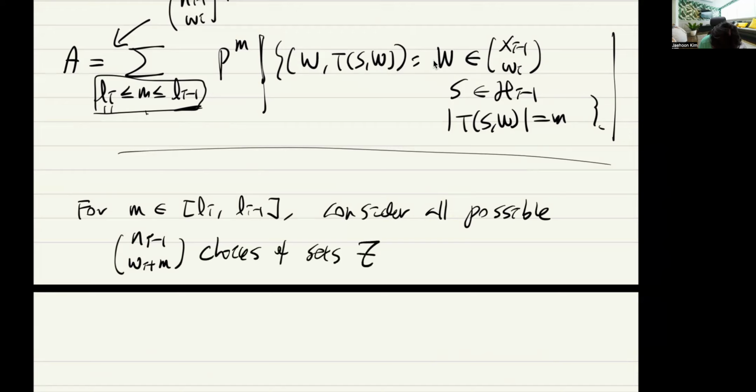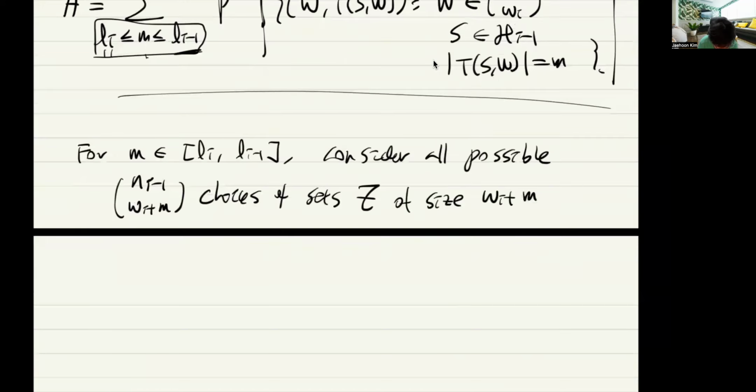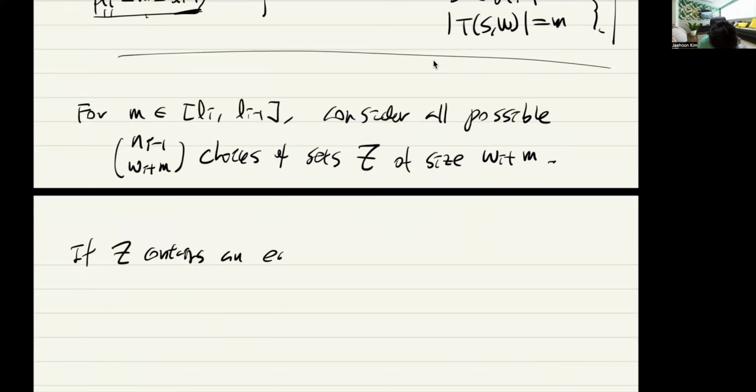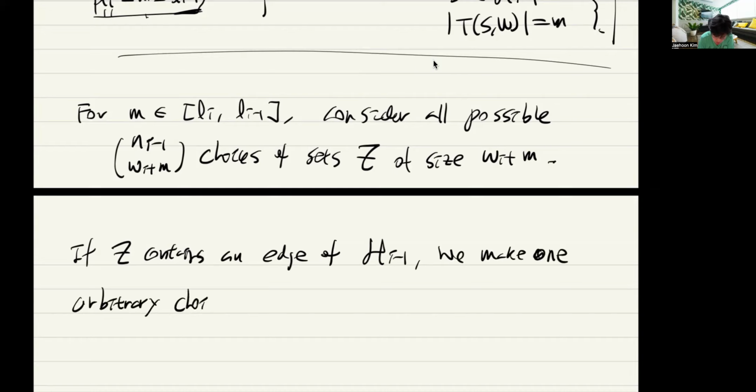So that's a G of size exactly Wi plus M. And if this G contains an edge of your H_{i-1}, then we make one arbitrary choice as G, which is the net here.